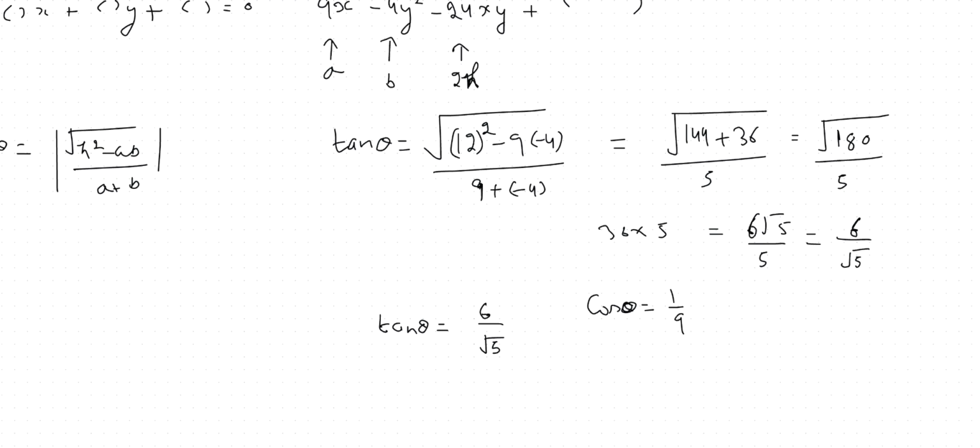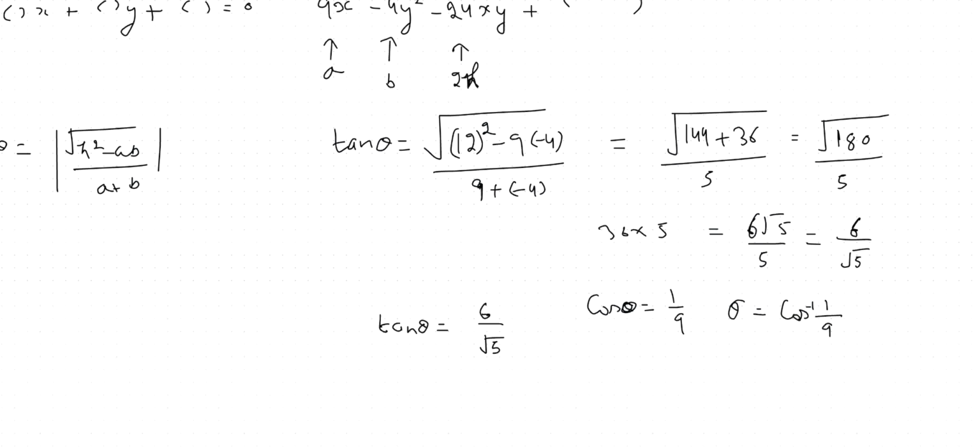So cos theta can take any value from -1 to 1. It's just we don't know the angle for which cos theta is 1 by 9. In such case, we just simply write theta is cos inverse 1 by 9. So what is this cos inverse 1 by 9? It is the angle for which cos theta will be 1 by 9.